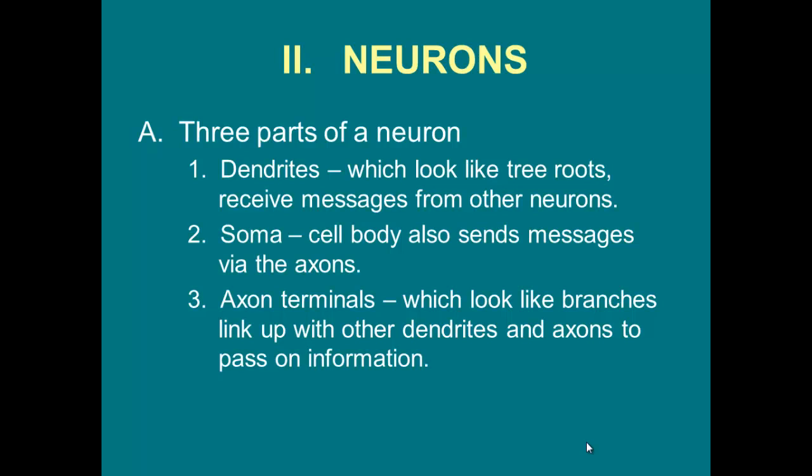So each neuron, they're not connected like this, but just like this. What happens is the message comes down this way, and then it jumps the gap in between and gives an electrical burst to this dendrite, which sends it back down to the next axon, and so on down the line. If we looked in your brain right now, and if you're really thinking about things, what we'd see is a huge electrical storm.